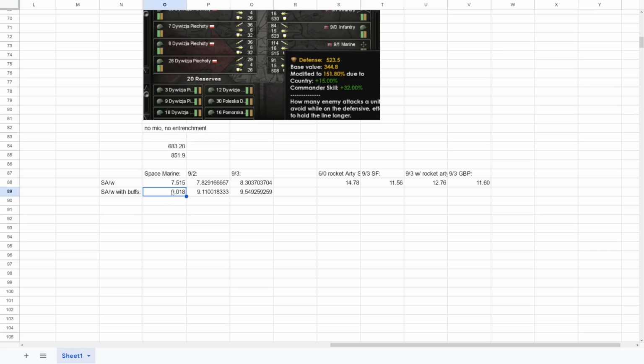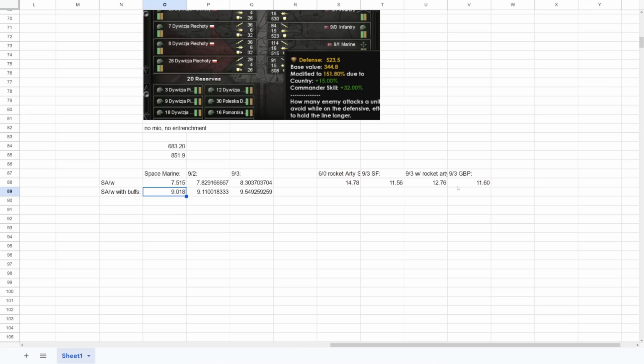And with the buffs, it's almost completely equal to the 9-2 and only slightly worse than the 9-3. And this is without accounting for the several other buffs that Space Marines do give, like the extra armor, which both gives plus 40% organization damage and means you take 50% less damage.